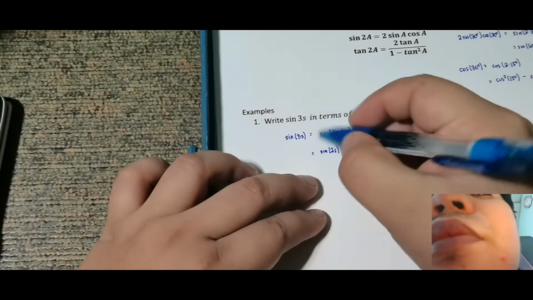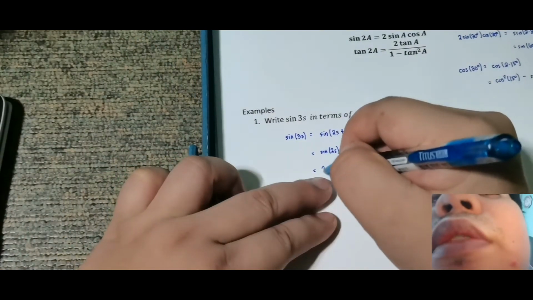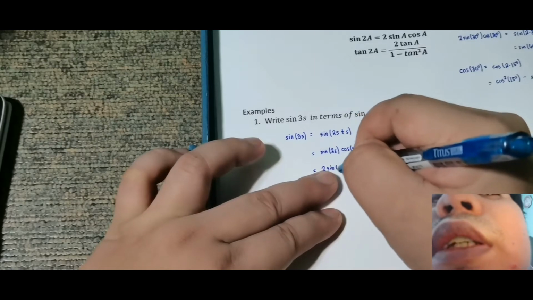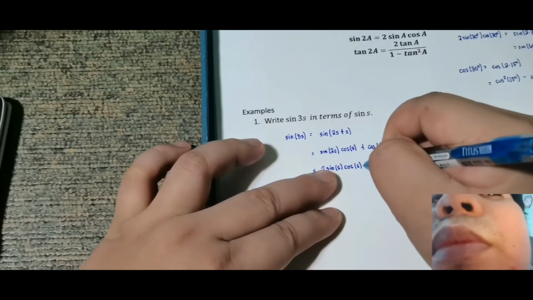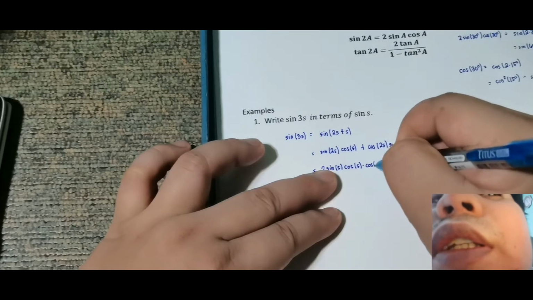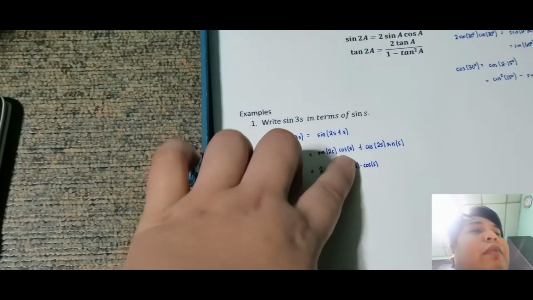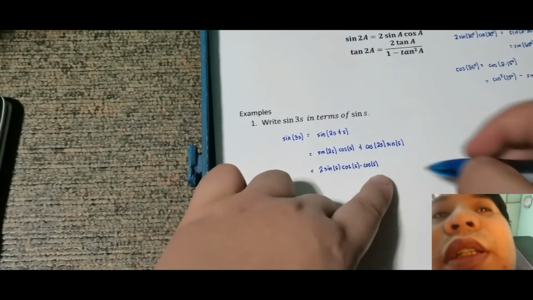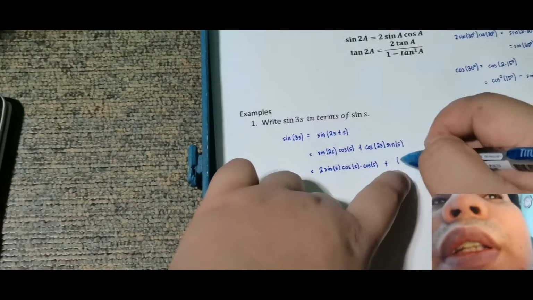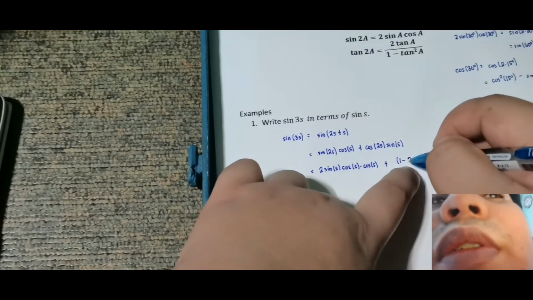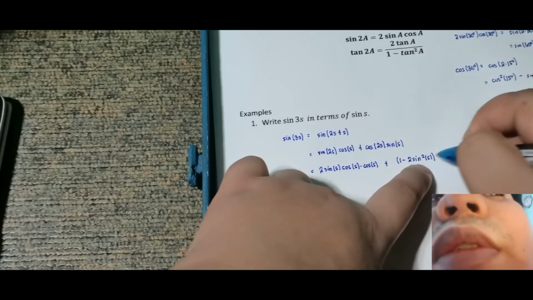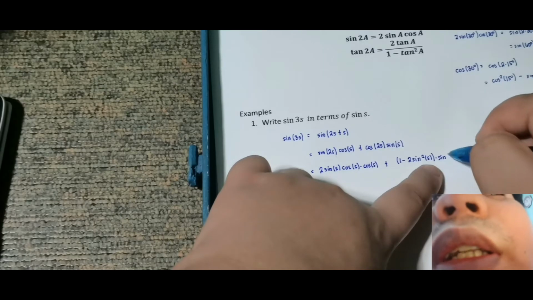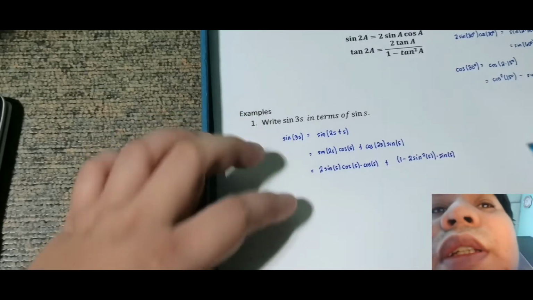Okay, so again, this is equivalent sa 2 sine s cosine s, multiplied by cosine s. Then plus 1 minus 2 sine squared s, multiplied by sine s.